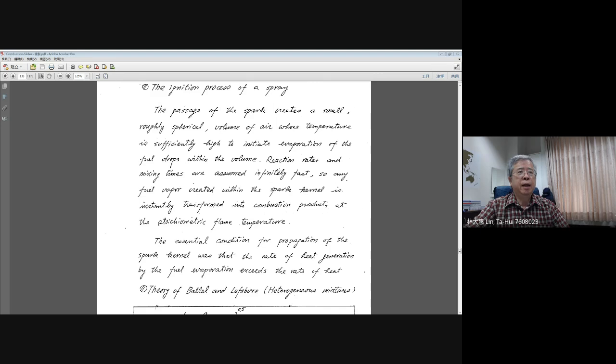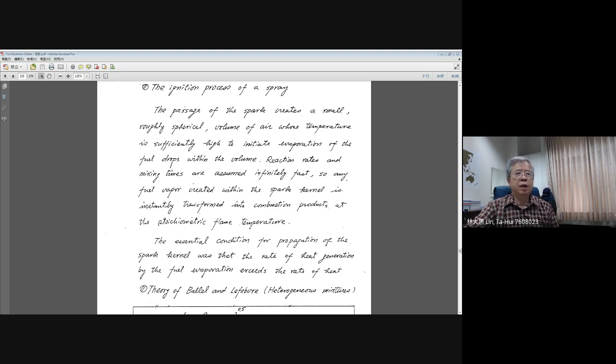In the beginning, they try to simplify the problem. They treat reaction rates and mixing times as very fast, assumed infinitely fast. Therefore, any fuel vapor created within the spark kernel is instantly transformed into combustion products at a stoichiometric flame temperature.